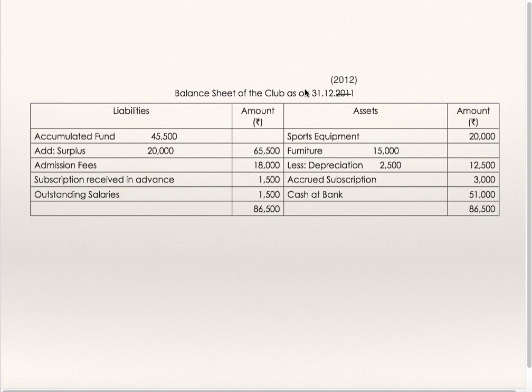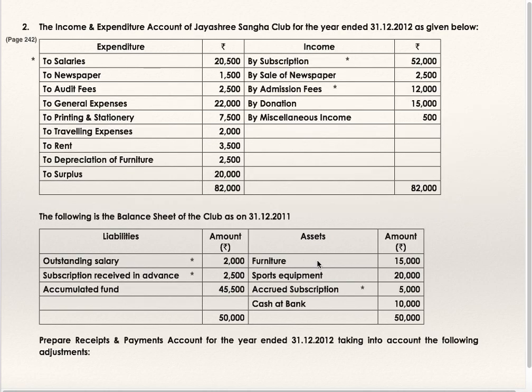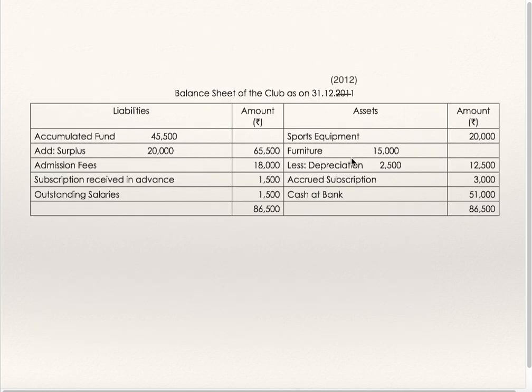Now the closing balance sheet. Sports equipment 20,000. Sports equipment was 20,000 in the opening balance sheet. No adjustment is given, no sale, no purchase, no depreciation, so the same figure is taken. Furniture 15,000 minus depreciation as per income and expenditure account, 2,500. Furniture minus depreciation. Accrued subscription is given in the adjustment.